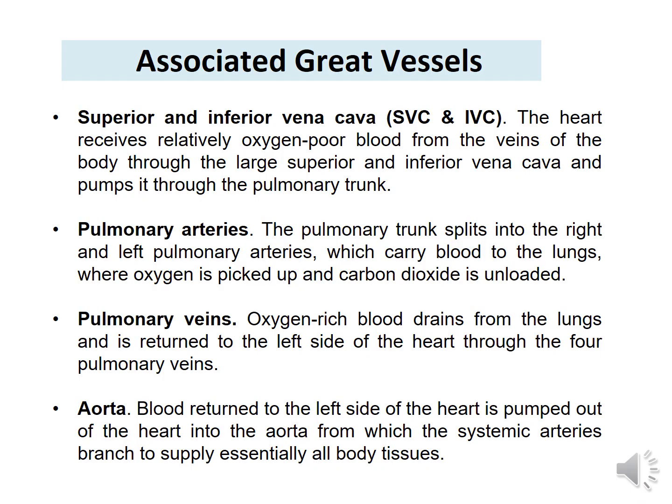Then we have the pulmonary arteries, which are divided into right and left for each lung to be oxygenated via the respiratory process. Then the pulmonary veins are four in number. They carry the oxygen-rich blood from each lung, from the right and from the left lungs. Finally, the aorta, which is the biggest one, is responsible for transporting oxygenated blood to all the body organs.